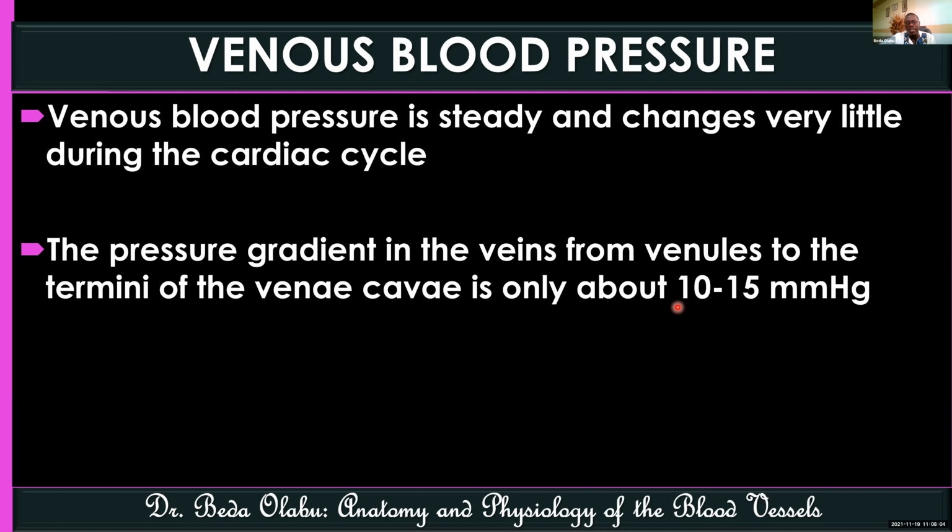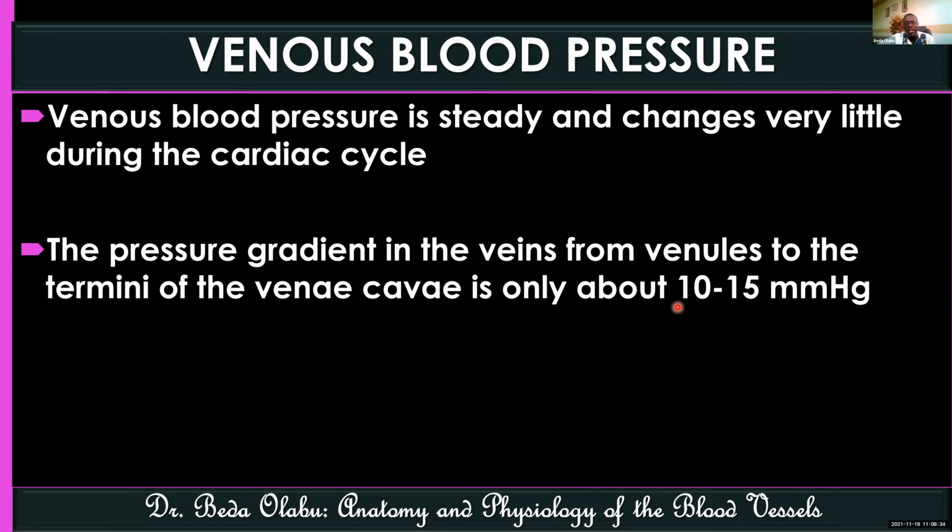And remember the formula I gave you, flow is equal to change in pressure, or pressure gradient, over resistance. So yes, the resistance is low, fine, because veins have a wider lumen, and the lumen keeps on increasing. So the resistance could be low, but it's not zero, but it's low. But the change in pressure is also very low.